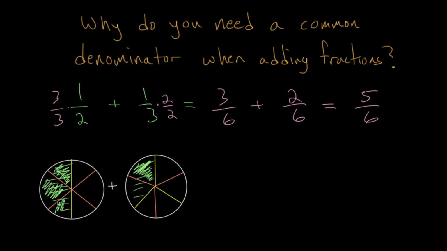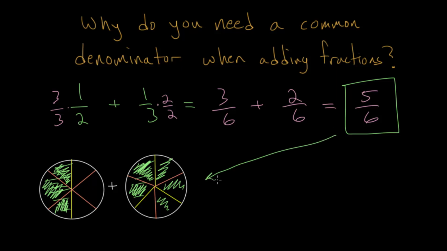We have 3 of them over here, and we have 2 of them over here. So in total, we have 5 of these pieces that come from a circle cut into 6 equal pieces. And that's exactly what this fraction here represents. If we move these 3 pieces over here, then we would have our 5/6.